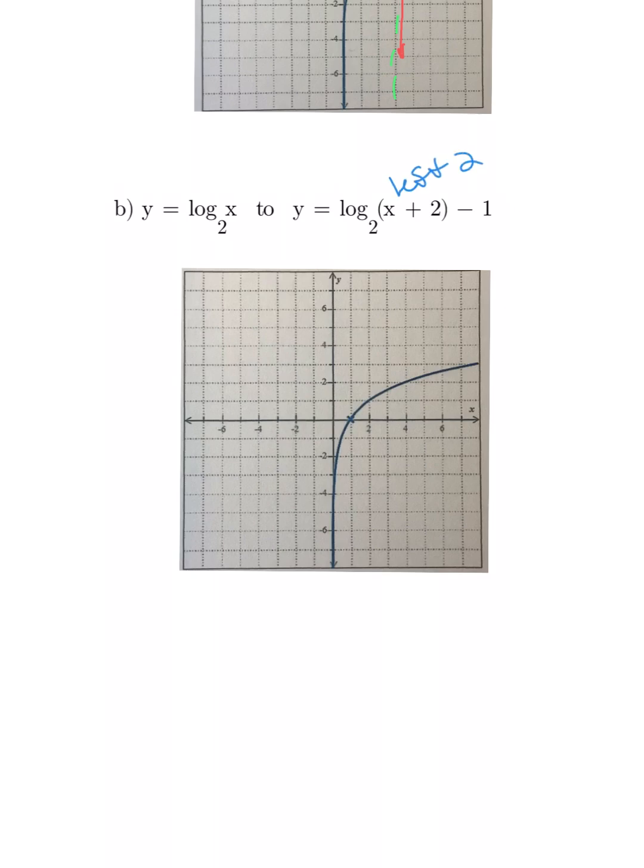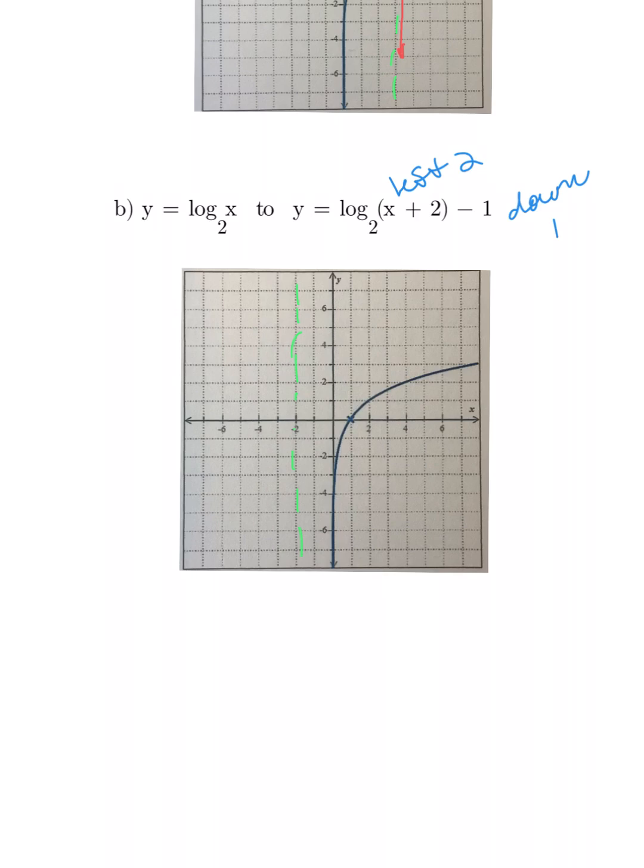The minus 1 tacked on the end tells me I need to go down 1. My asymptote also needs to move right or left, in this case, left 2. The current asymptote is the y-axis, x equals 0, so we need to go left 2 and have a vertical asymptote through x equals negative 2.